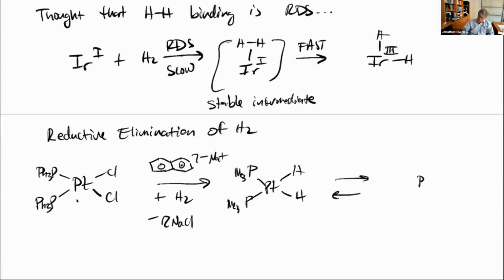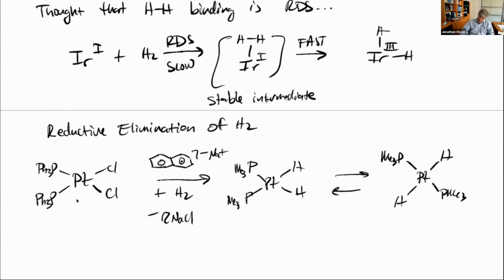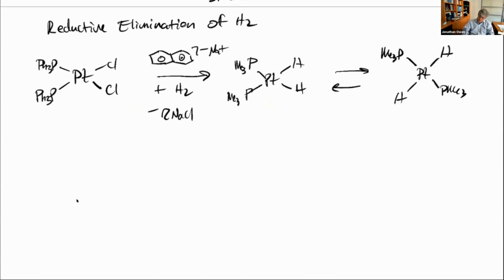It undergoes interconversion with the trans form pretty rapidly. And this cis form has some decomposition to platinum 0 and hydrogen gas.